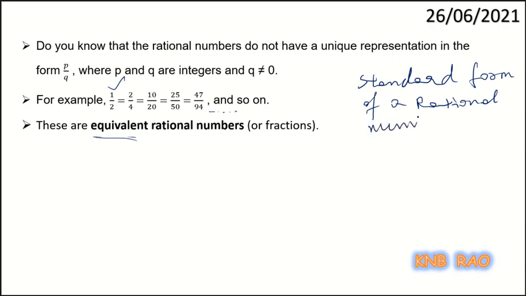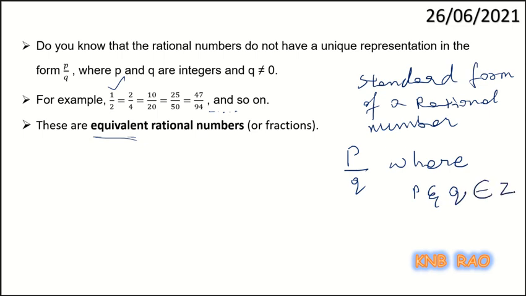Children, a rational number p by q, having both p and q being integers, belonging to integers, is condition one. Two, q not equal to 0, this is the second condition. Three, HCF of p and q is equal to 1.